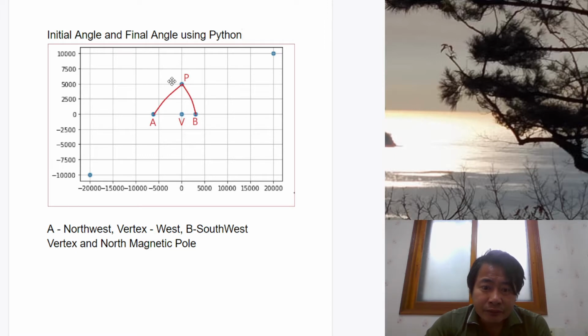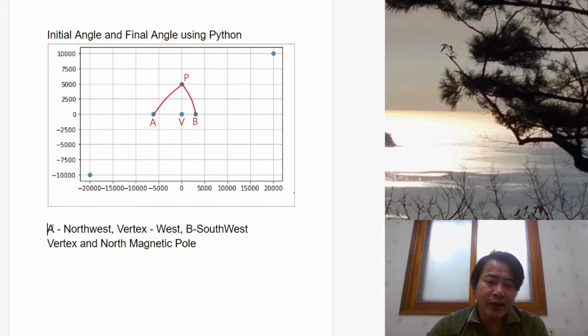And here, as you can see, the point A is the starting point, and the compass direction is northwest, and this direction is west, but the vertex is actually 90 degrees, so it means the angle PAB is less than 90 degrees.